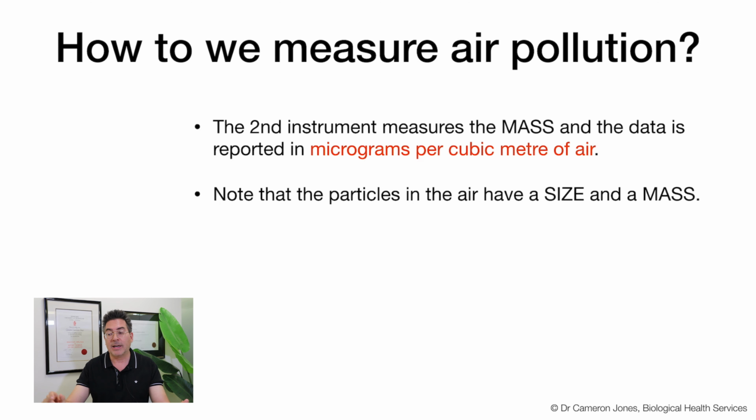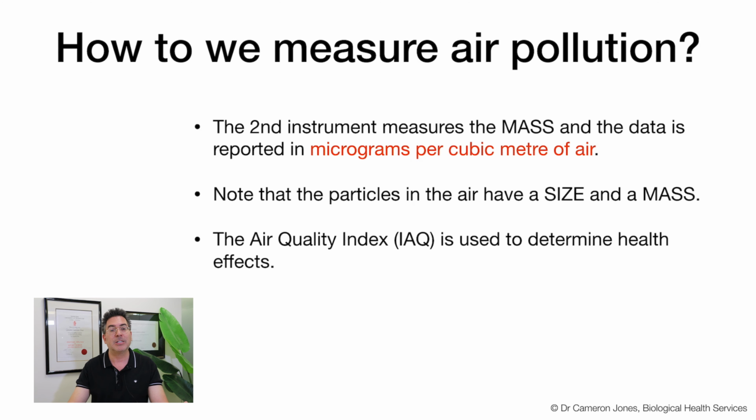And so because particles have size and mass, you can describe the dispersion or the smoke colloid using total numbers or by weight. And then the air quality index is used to determine the health effects or impacts, and for people to make decisions such as delaying the Australian Open, or in the factory example, providing a very valid reason for staff not to be working in that particular facility at that particular time.